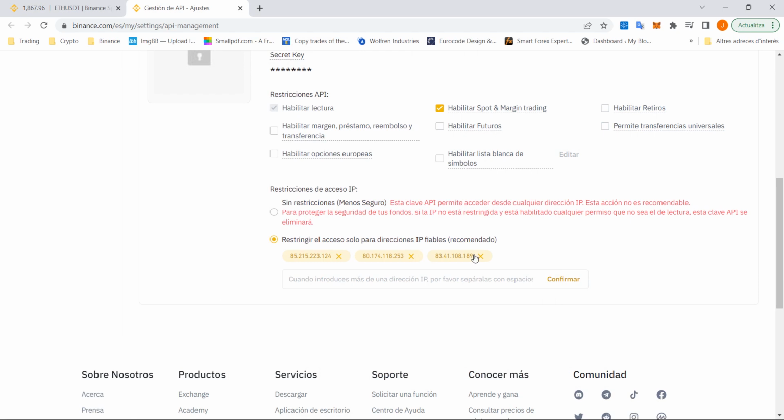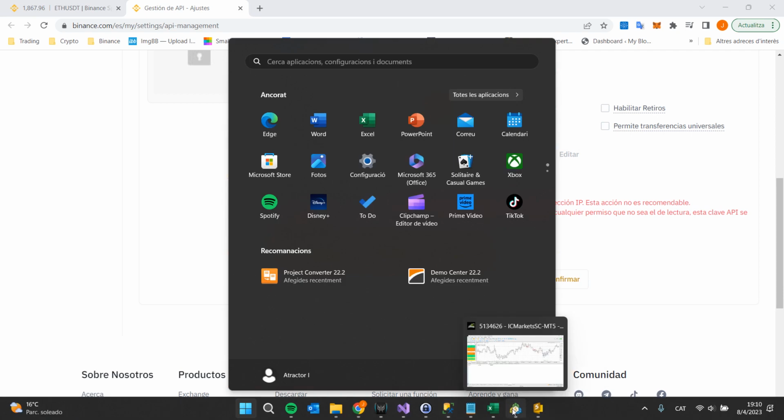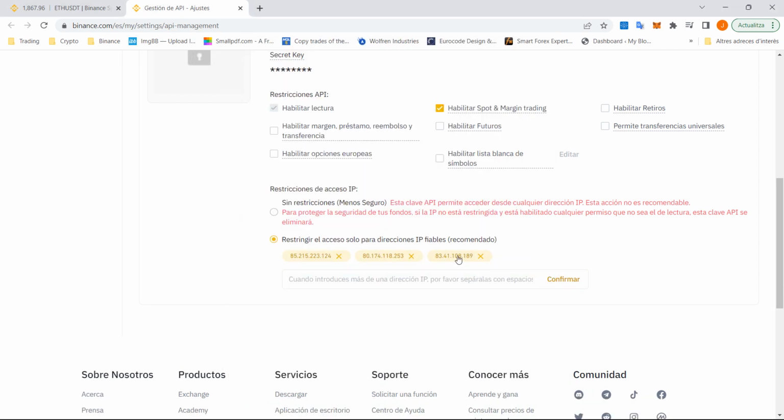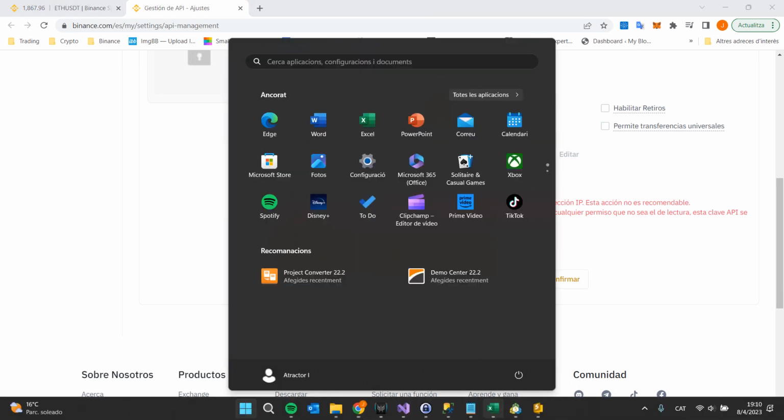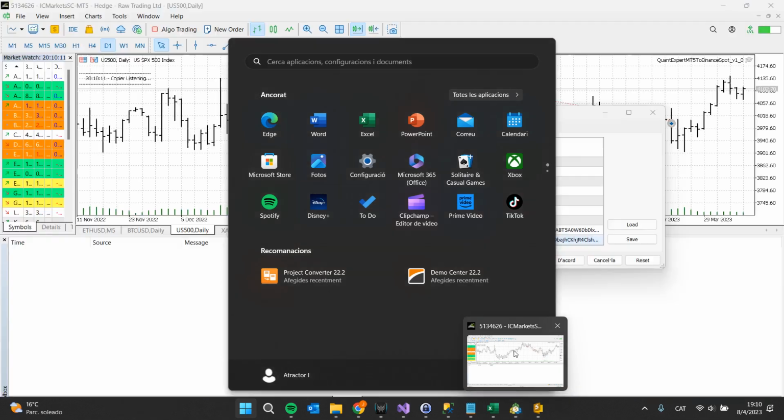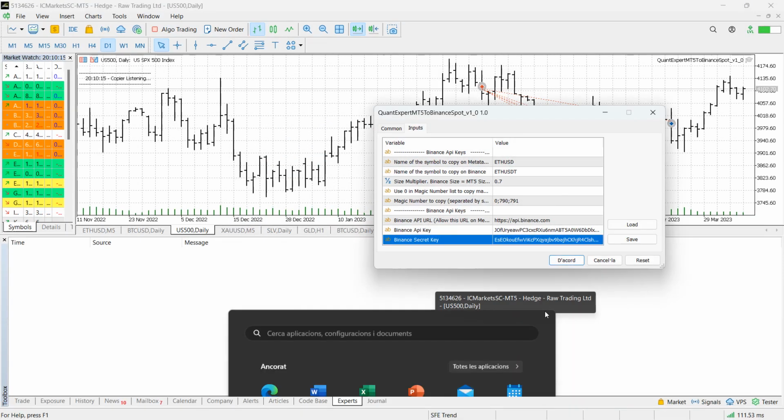You must also allow the IP you are doing the trades from, the IP of your VPS computer in this case, if you are using a VPS. And that's all.